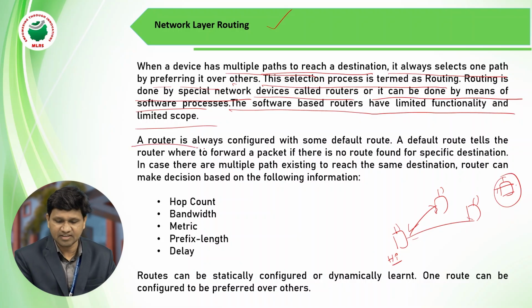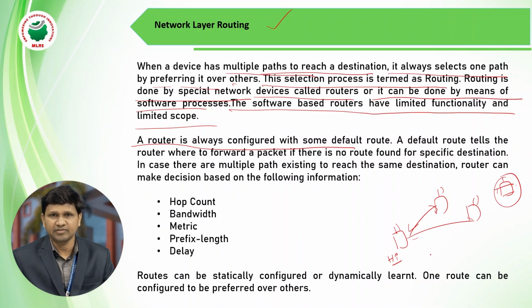A router is always configured with some default route. If you didn't provide a route for a source to destination, the router itself maintains and allocates one route.